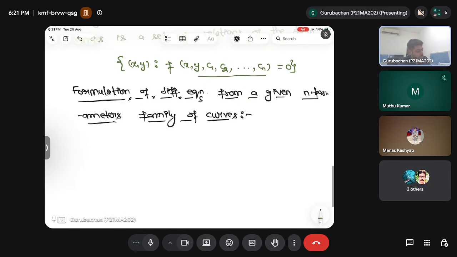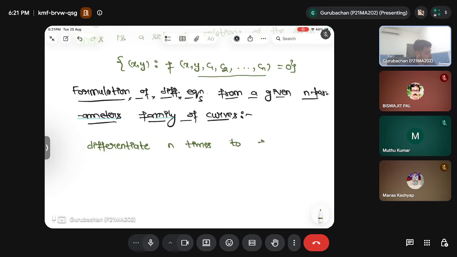That means you need to differentiate n times the family of curves equation, f(x, y, c1 to cn) equal to 0, to get n more equations.